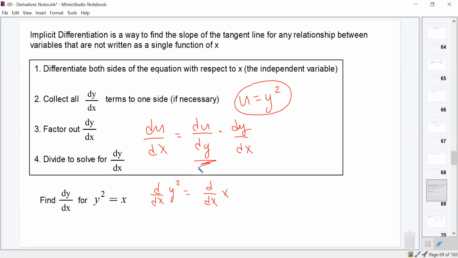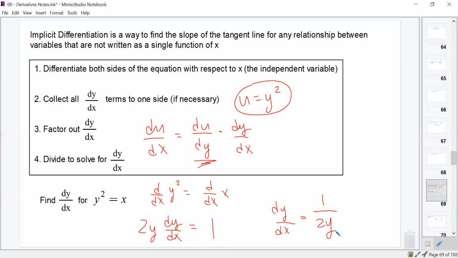So the derivative with respect to x of y squared ought to be the derivative with respect to y of y squared, which is 2y, and then we'll multiply by that dy dx term. And on the right-hand side, the derivative of x with respect to x is just 1. So dividing by 2y gives us that dy dx is equal to 1 over 2y.